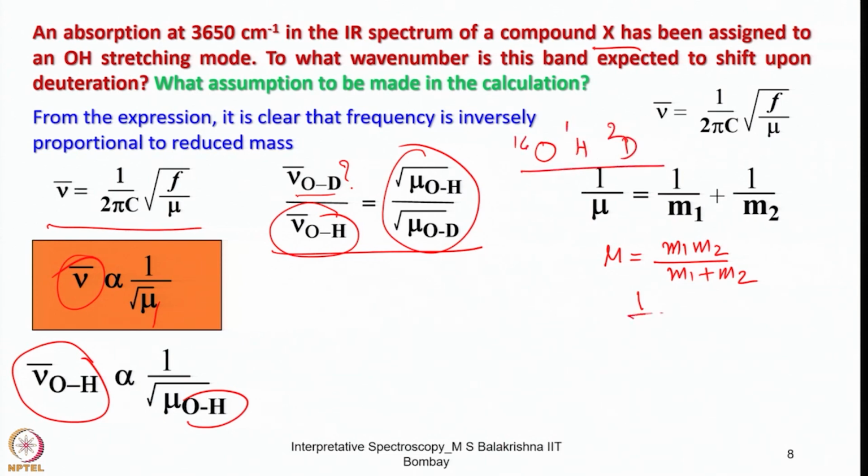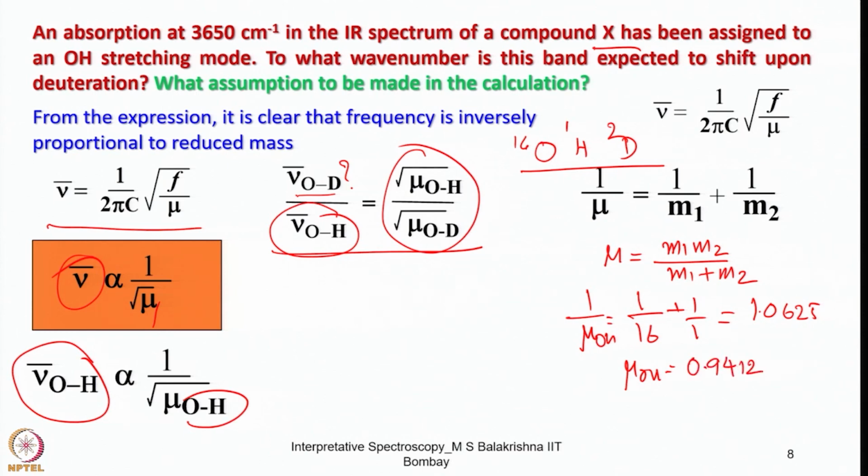So 1 by 16 plus 1 by 1 equals 1.0625, and this is 1 by mu OH. So mu OH is 0.9412 atomic mass units.